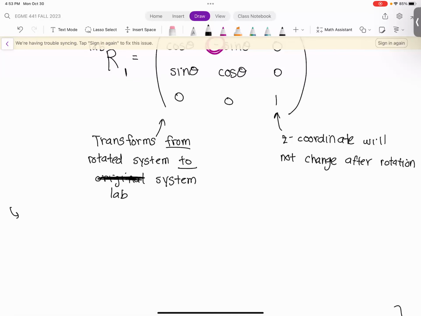The transformation matrix can be interpreted in lots of different ways.